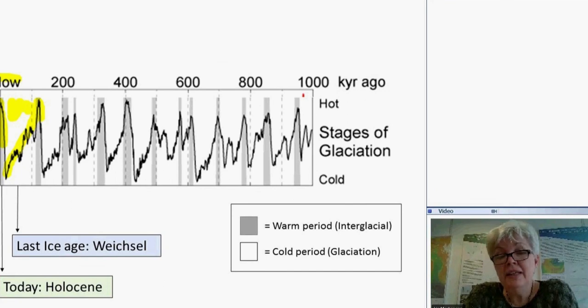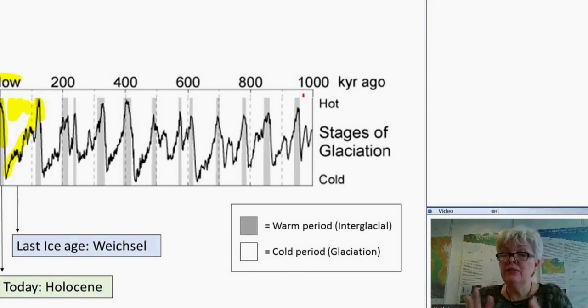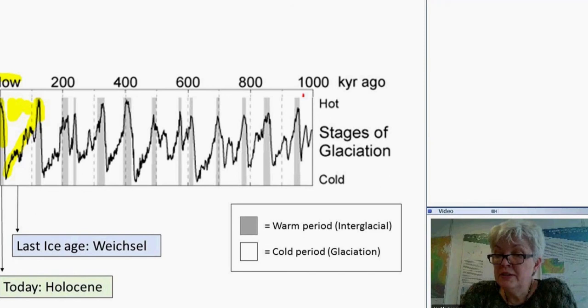So one of the characteristics that you can get from this image is that the interglacials are shorter than the glaciations. So the Ice Ages last for a longer time than the warmer periods.